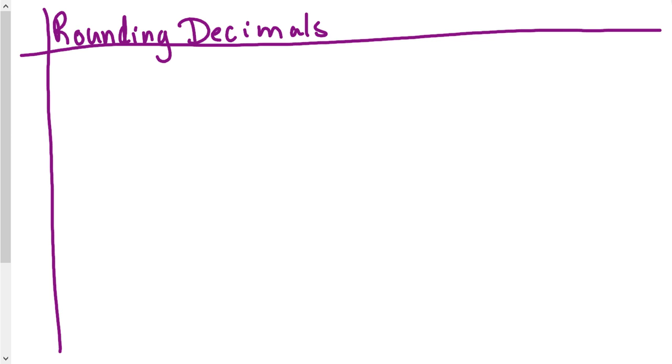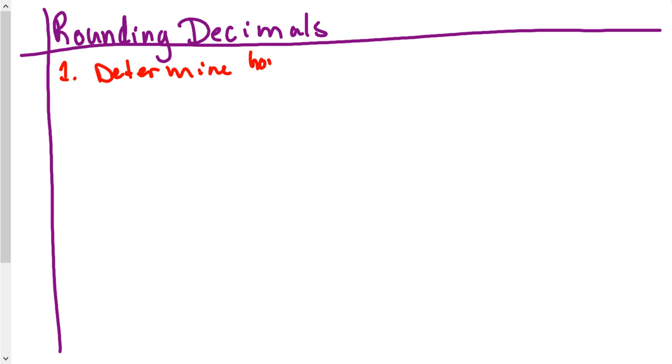Okay. Then we're going to talk about rounding decimals. This is just my page margin for you guys. So for rounding decimals, we have a few rules first. So rule 1, well, this is the steps.